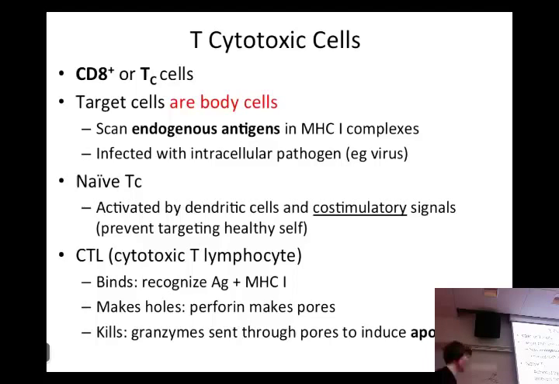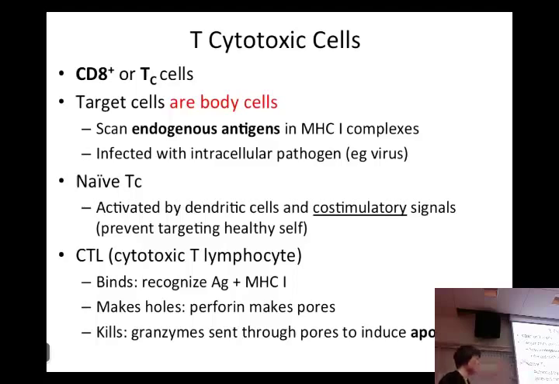What is it doing? When it binds and recognizes the right antigen in the MHC1, it makes holes in that cell using a protein called perforin. So this is a lot like one of the branches of the innate immune response, right? One of the branches of the innate immune response uses complement proteins to poke holes in foreign cells. We have a way to poke holes in our own cells. We use a different protein, but it's essentially the same idea.